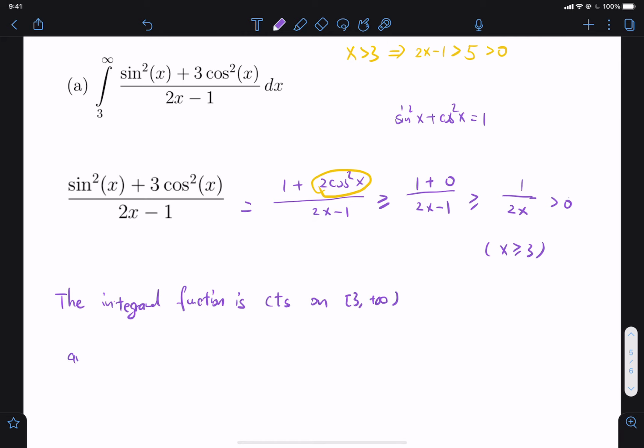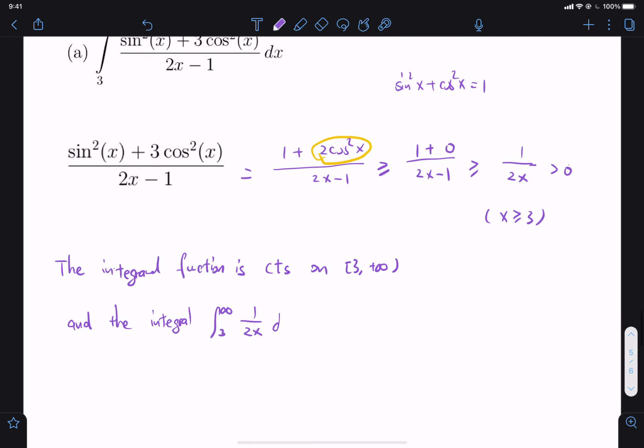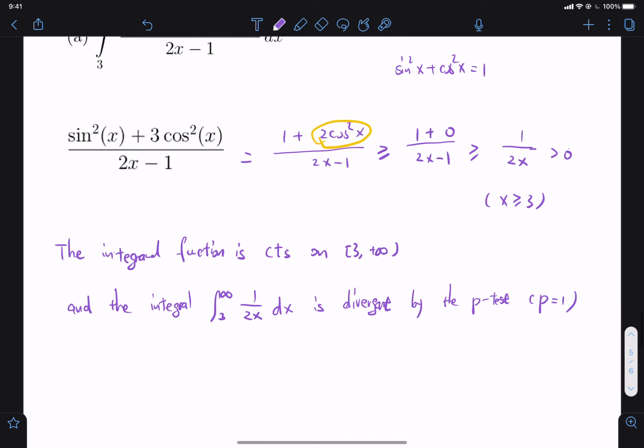And our comparison function, the integral from 3 to positive infinity of 1 over 2x, right, dx, it's divergent by the p-test, specifically at p equal to 1.